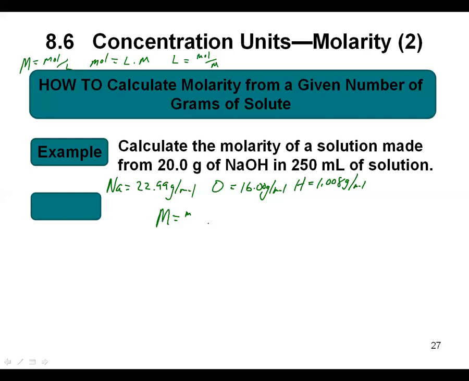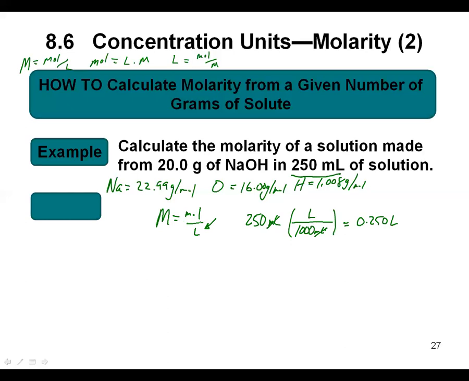In terms of those two numbers, we do have the liters part, it's just in milliliters at this point, so we have to do that conversion. We take the 250 milliliters and convert it to liters, a very common conversion. We divide by 1,000 so that the milliliters cancel, which leaves us with 0.25 liters.